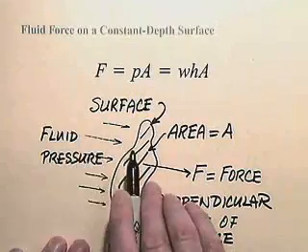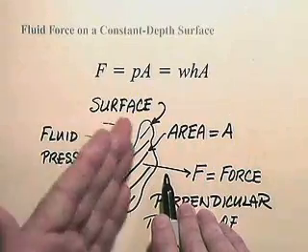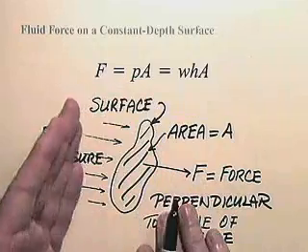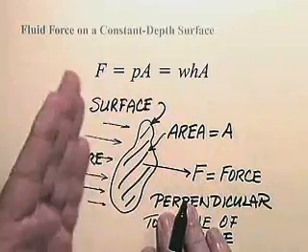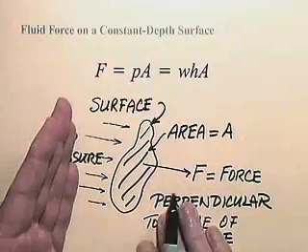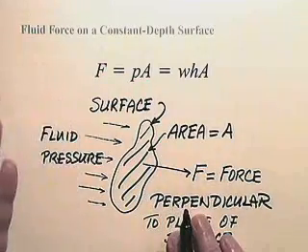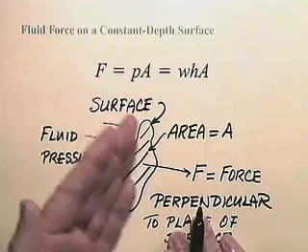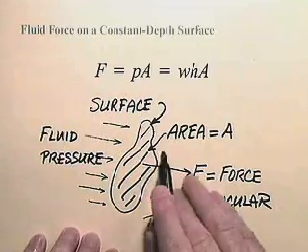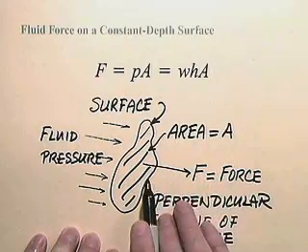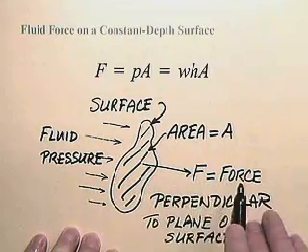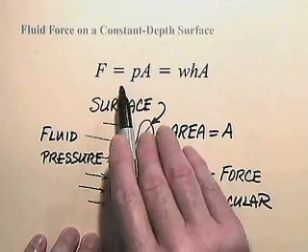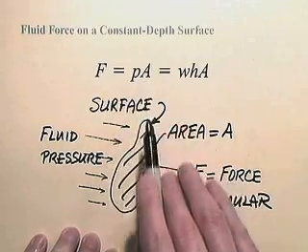Think of this surface as being perpendicular to the plane of the paper, and we've got fluid to the left of that surface, so it's pushing on it. That surface has an area A, and the force that results from that pressure is perpendicular to the plane of the surface, given by the formula force equals pressure times area.